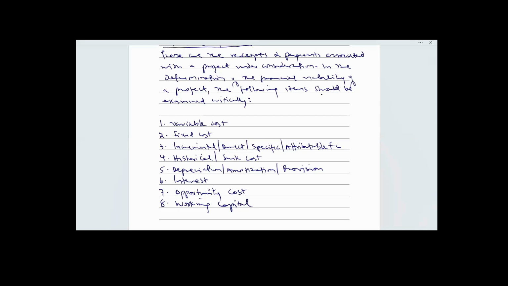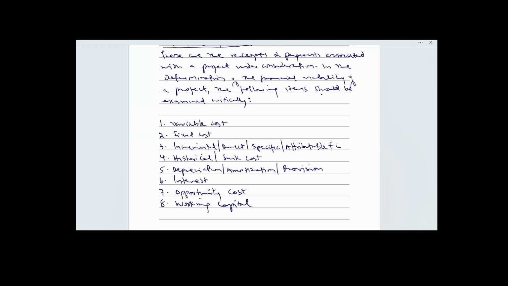The fourth one, historical cost. Historical cost is the original amount incurred on the item. Historical cost is a past cost, it's a sunk cost, and therefore irrelevant. Examples of historical cost or past cost include market survey costs, research and development, or simply put, development cost.